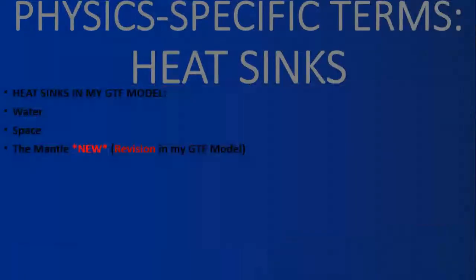In my model, I use three different heat sinks: water, space, and here's something new, a new revision to my GTF model, the mantle. That's right, a new revision to my heat sink, and it's really a small revision. It's not a major revision, not just because it's 100% consistent with everything I say in the model, but also because I already have the heat advecting into the mantle.